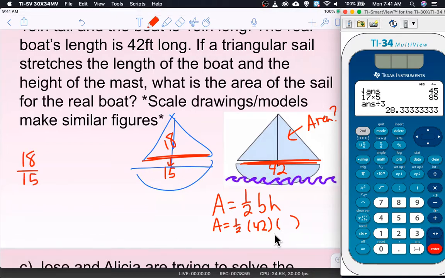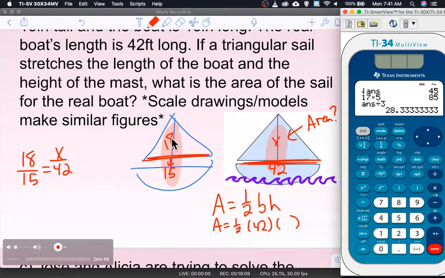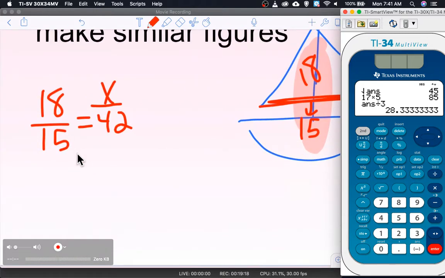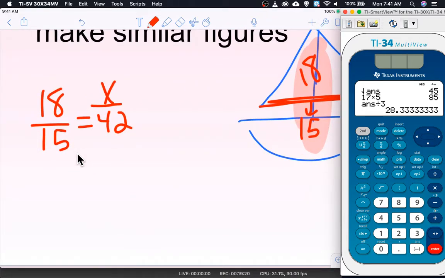18 over 15, ratio, proportion, x over 42. 18 over 15, x over 42. I'm going to use this proportion to figure out the height of the mast. So let's see, cross multiply.